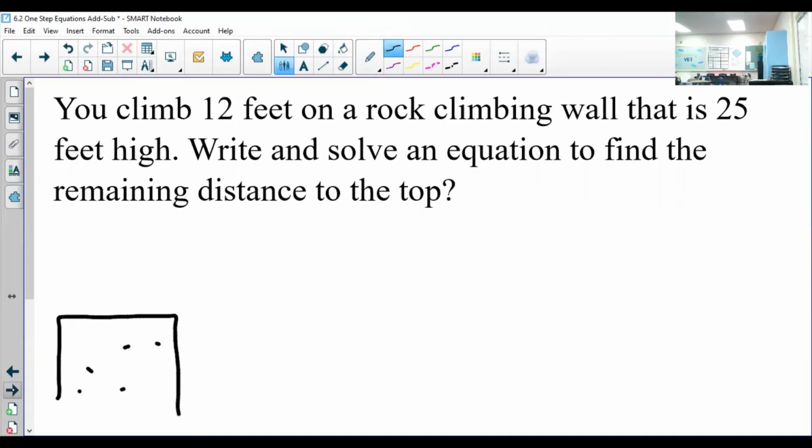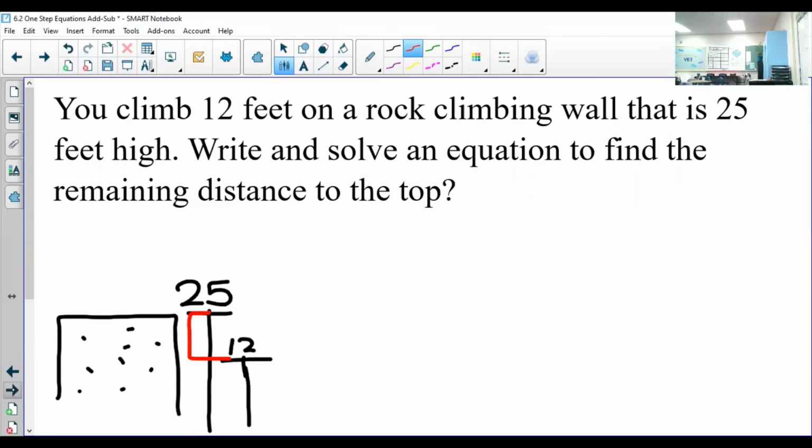And it's got all the little things you grab onto. And we know that my climbing wall is 25 feet tall. Okay, and then I have climbed 12 feet, so that's almost half. They want to know, write and solve an equation to find the remaining distance. So what is this distance right here, between the two?